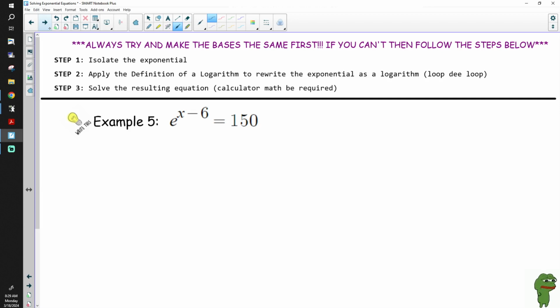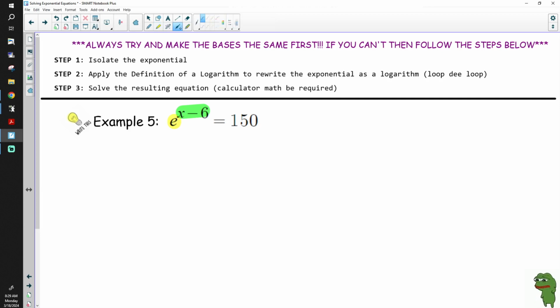So, the old way doesn't work here, just like before, so we go to our 3 steps. Step 1, isolate the exponential. This is our exponential. There's our base. There's our exponent. Okay, there's nothing else on that side, so it is already isolated. The only way I can solve this is using the loop-de-loop and my calculator to evaluate.